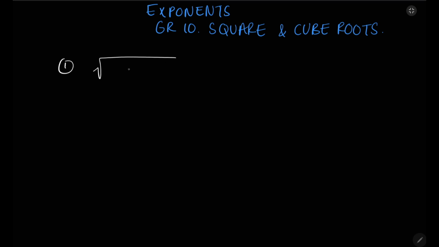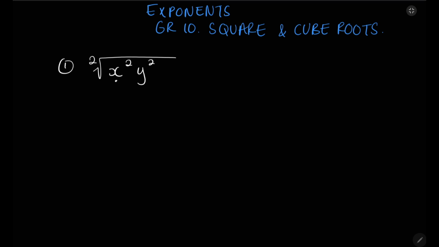If we have under our root, let's say, x squared y squared. When there's nothing here, just know that it's a square root. There's an invisible 2. So to solve this, let's write down our 2 there. We'll say inner divided by outer when dealing with our exponents.